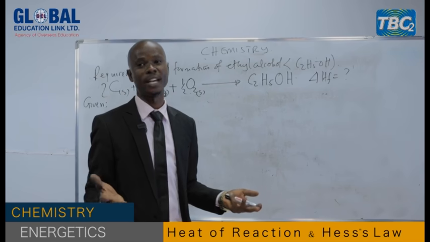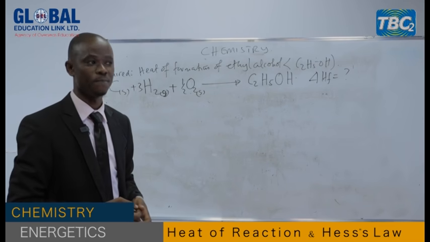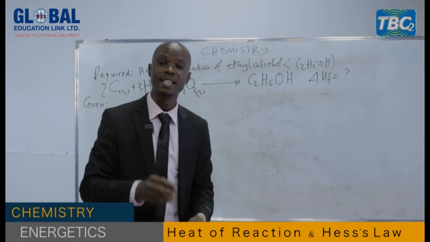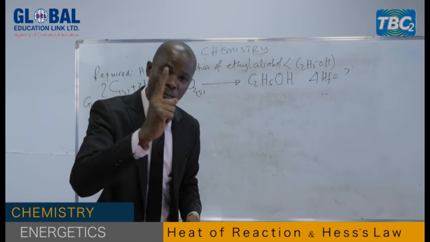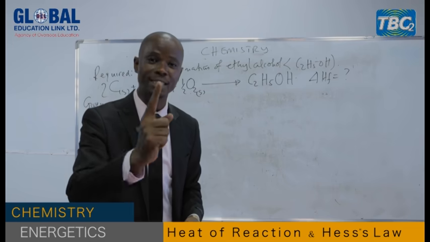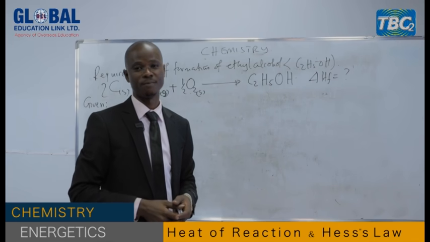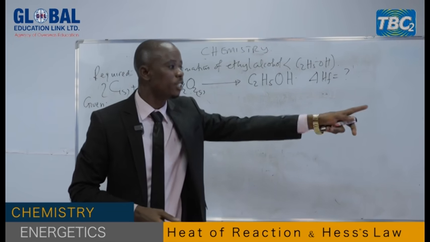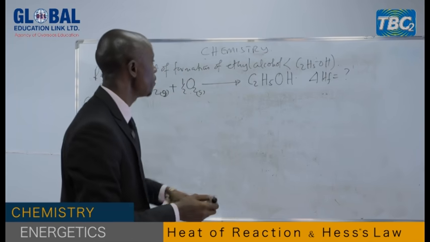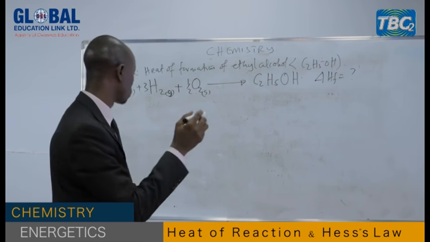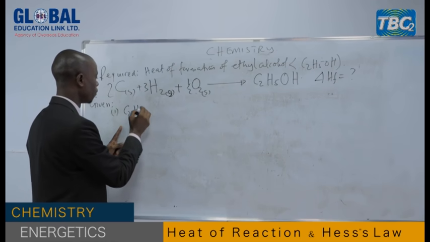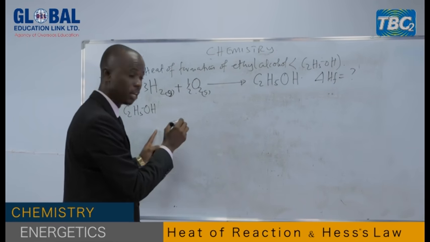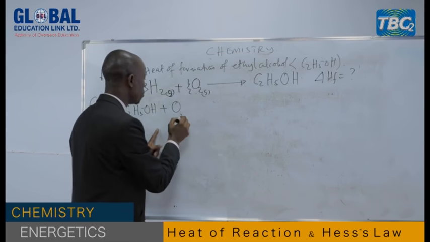It is very simple, and I'm sure that you have studied it in your class. Heat of combustion is the heat evolved or heat released when 1 mole of the compound is completely burnt in oxygen. So, heat of combustion of ethyl alcohol, when this compound is completely burnt in oxygen. Number one, ethyl alcohol is completely burnt in oxygen.